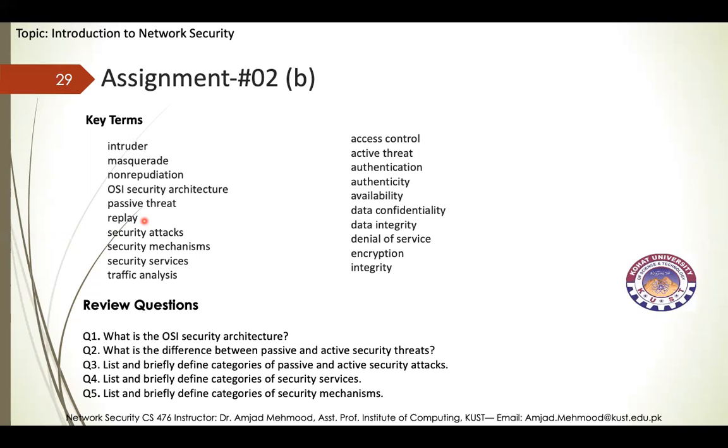For example, if anywhere you get replay, you must know what replay means, or what intruder, integrity, or confidentiality mean. Some of the concepts I have explained in my lectures, but you have to go through all of them, so that if you study any material during your course, you can get the concept easily.